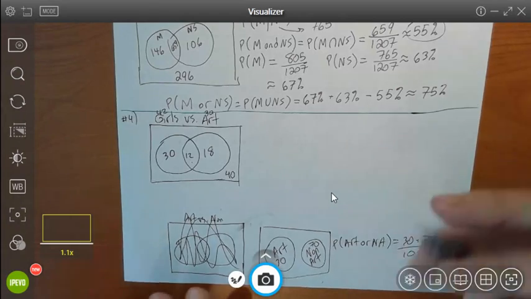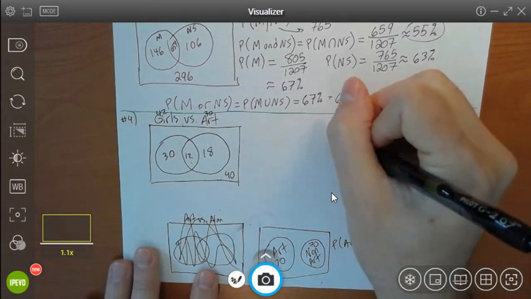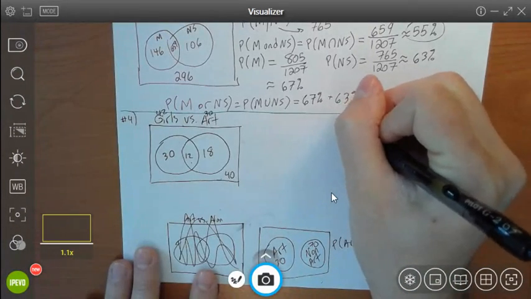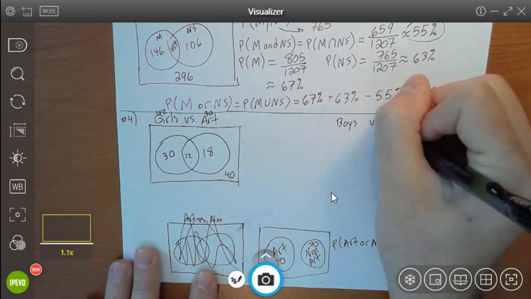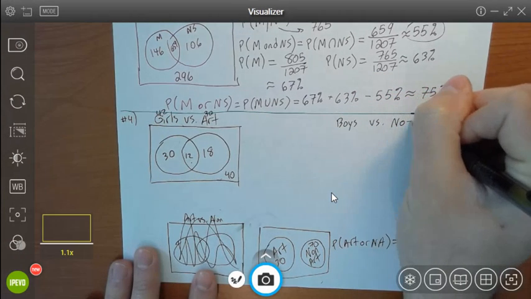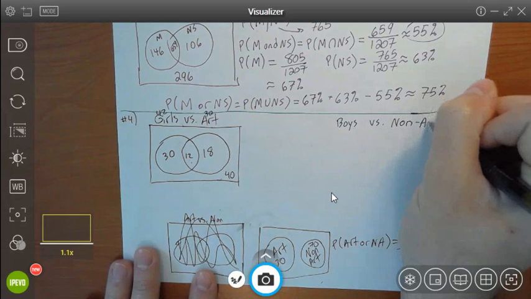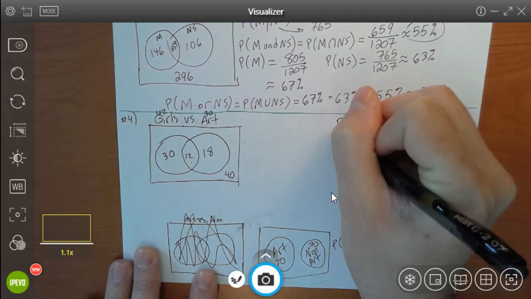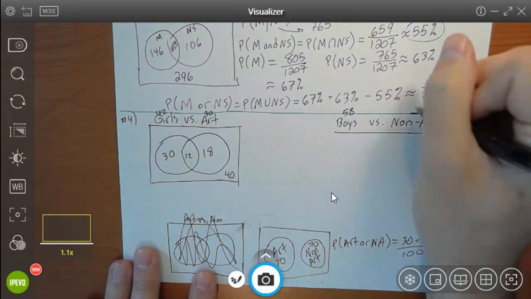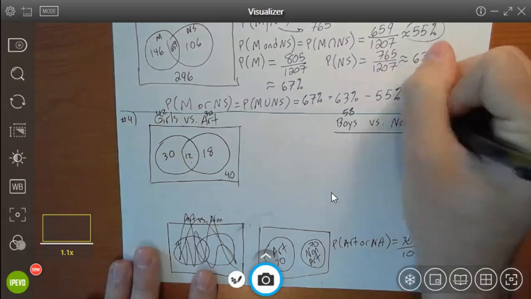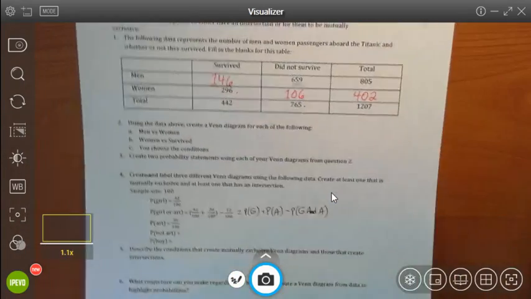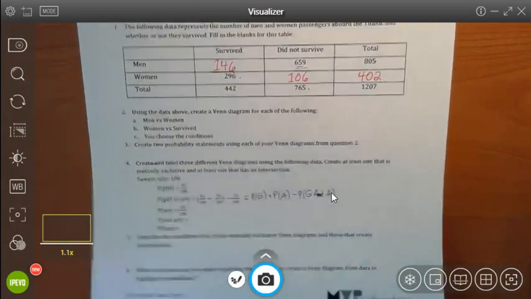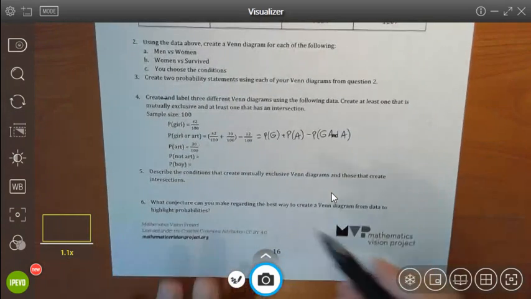So our last thing we wanted to do was to look at boys versus non-art. So we know that there are 58 boys, and if you look at the front, non-art would be 70 because it's kind of like the complement of this one.